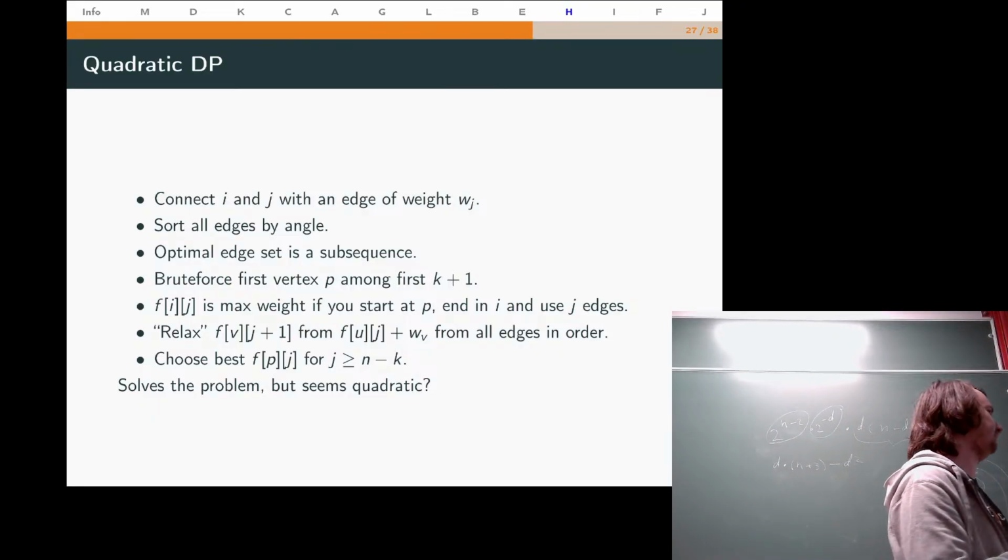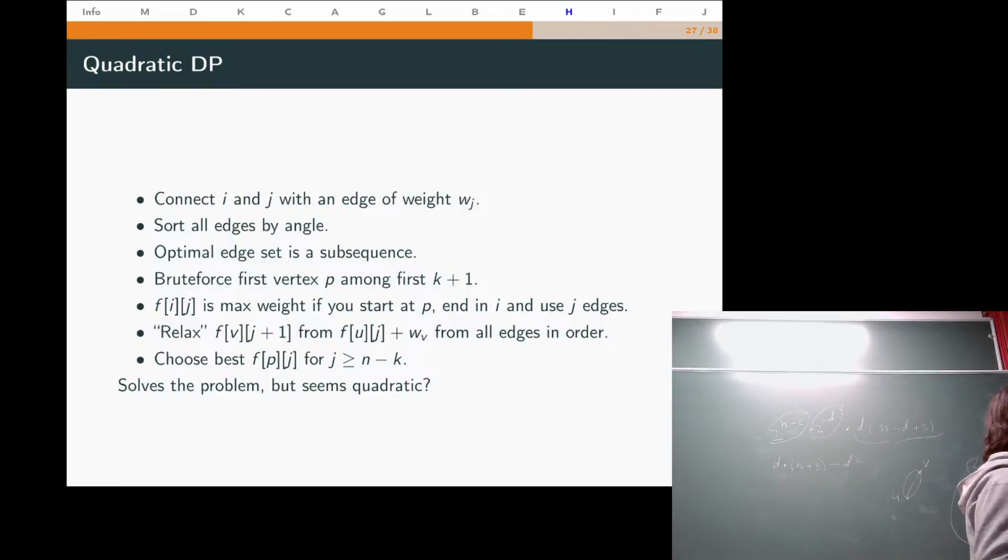So this is what we care about, because in the end, the answer would be the value of this dynamic in the point P itself, but with the number of edges that we took at least n minus k. And then when we go over all edges, we can relax, we can propagate the value of this dynamic. So you take the value of F[u][j] plus the weight of the new vertex, and we try to push it to the value of F[v][j+1].